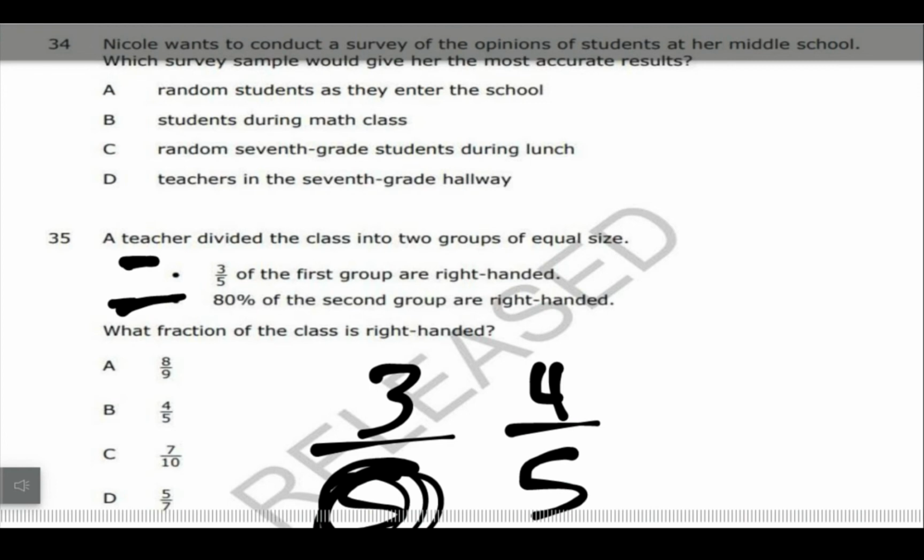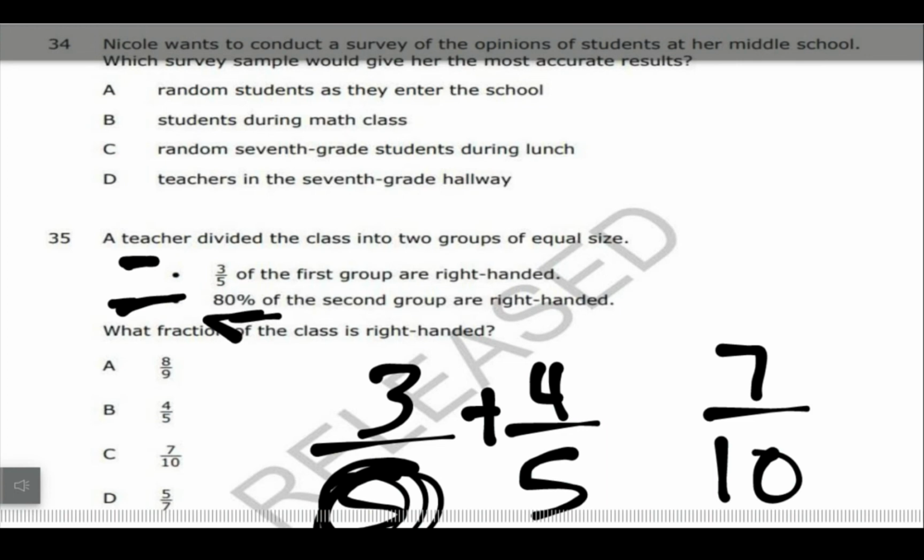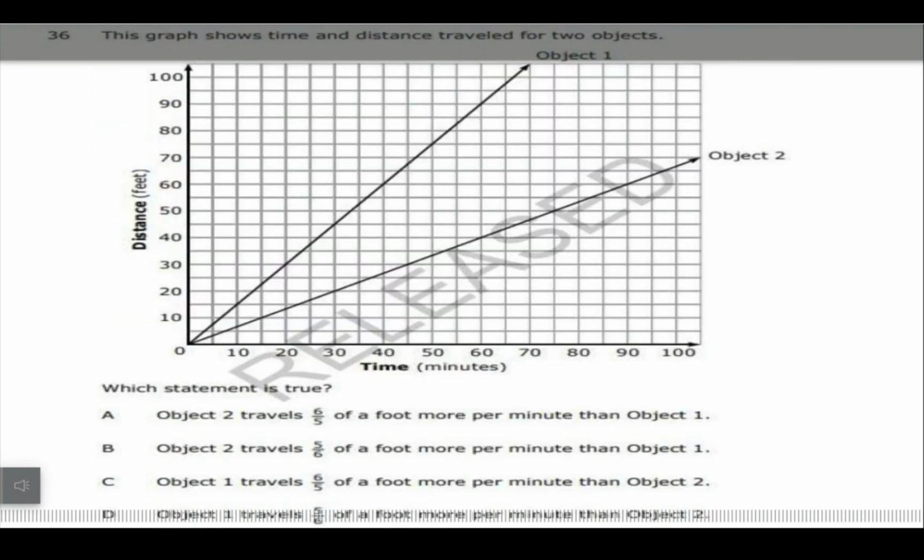So if I add those together, I got my 3 plus 4 makes 7, so 7 out of 10. So the first group was 3/5, and then we want to add that to my second group, and that was 4 out of 5, and that would give me 7 out of 10 for that one.